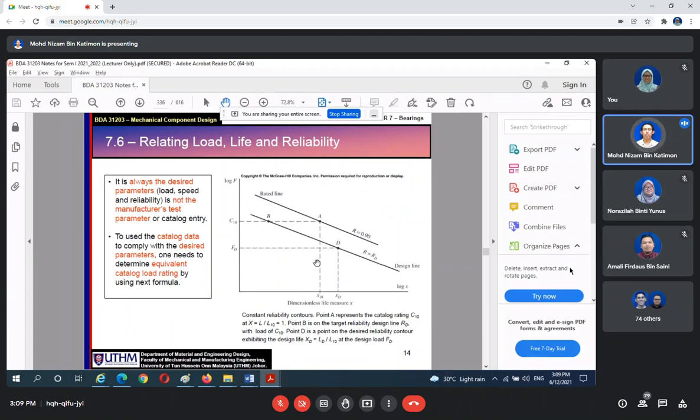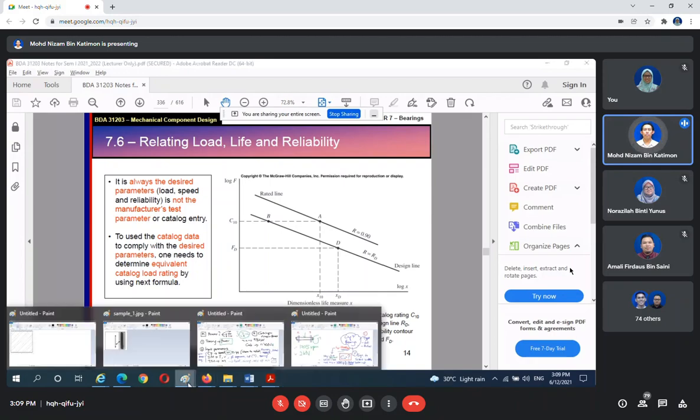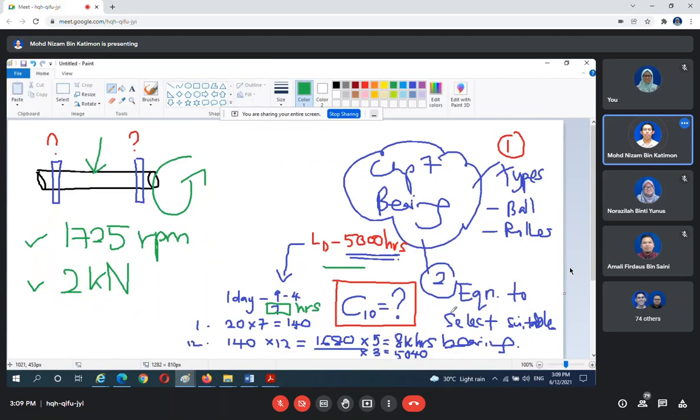So let's settle the equation to select a bearing. Let me give you some important points about this calculation.